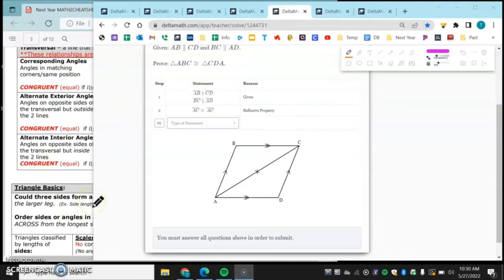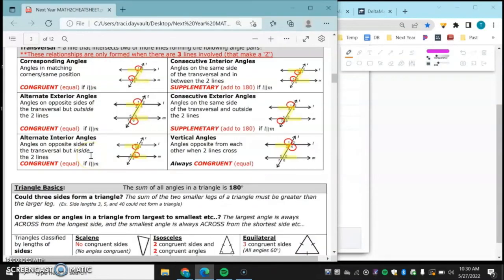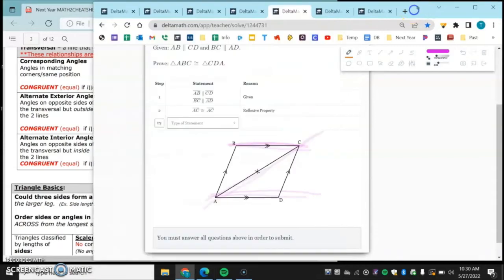So you should notice that since we have these two parallel lines here, and this line is like a transversal. We've got parallel sides and a transversal. We've got this nice Z shape here. And anytime there is that Z shape, it forms all of these relationships here.